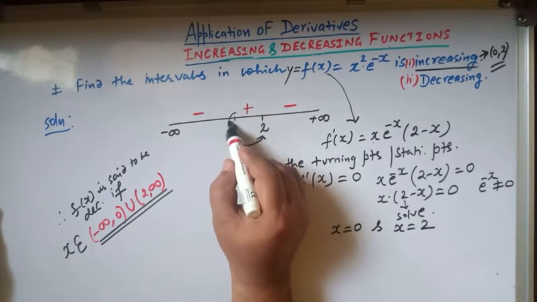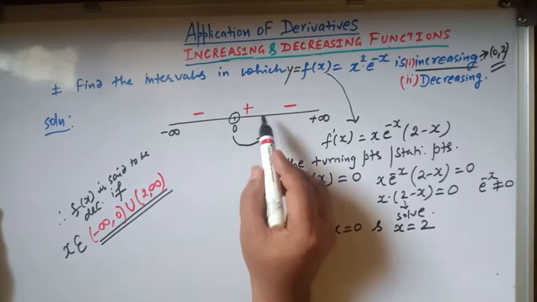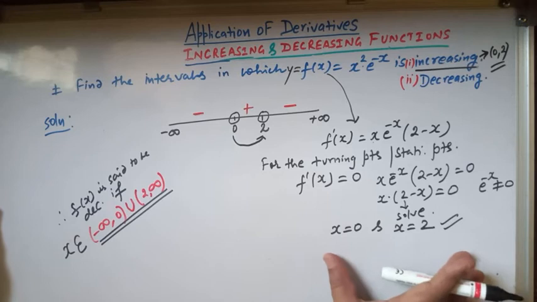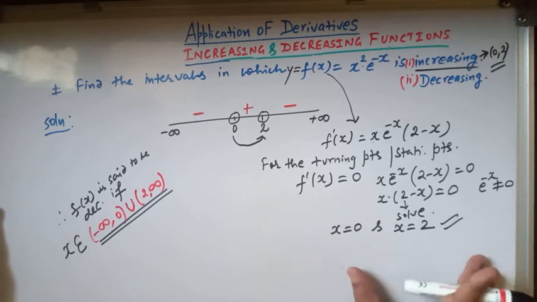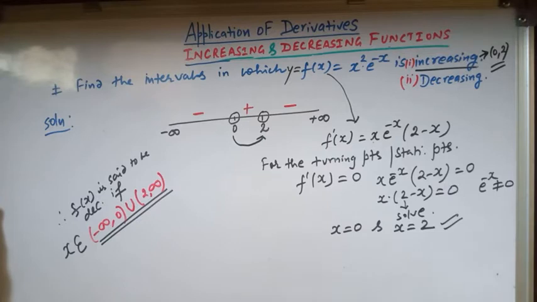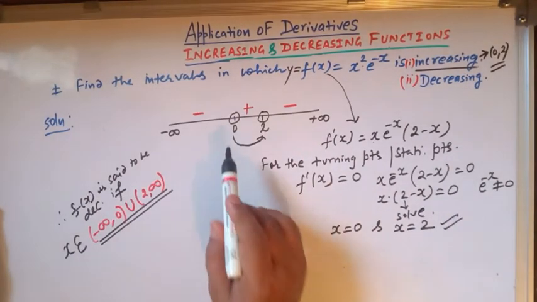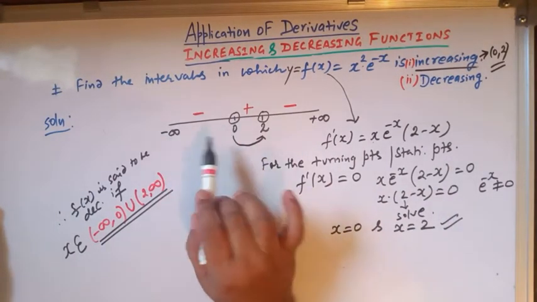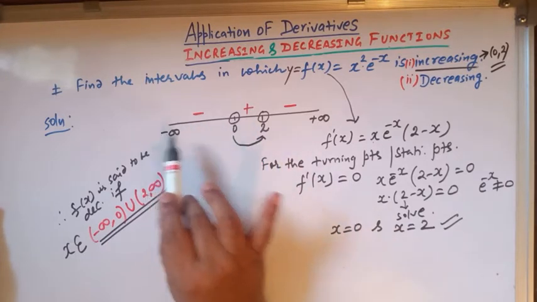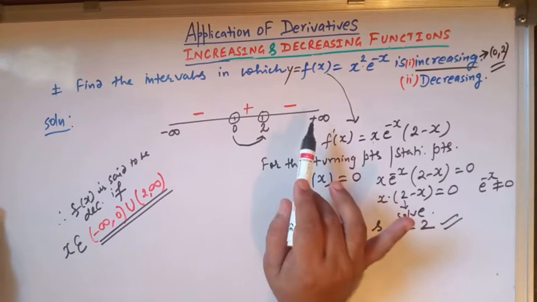So x equal to 0 and x equal to 2 are the critical points or the stationary points here. Clear? So this is why we have located 0 and 2 on this real number line.